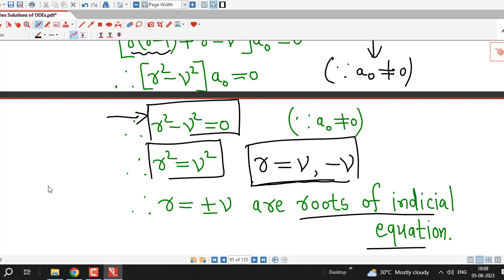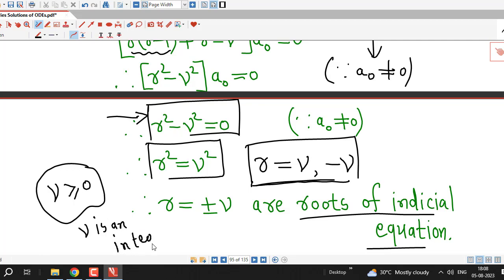Now what is this ν? ν is a non-negative real number. Therefore there are two possibilities: either ν is an integer or ν is not an integer.